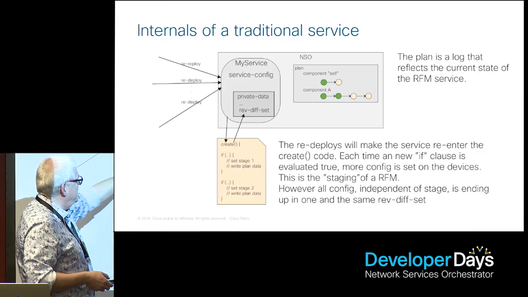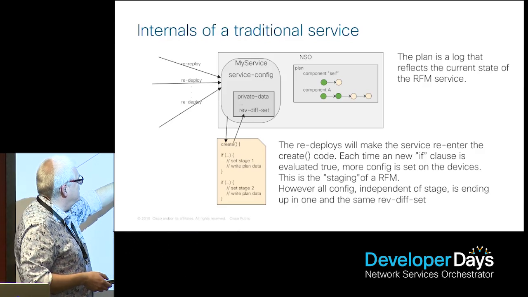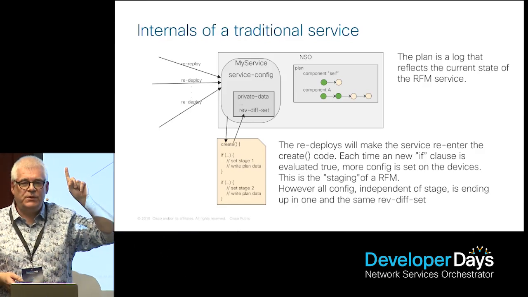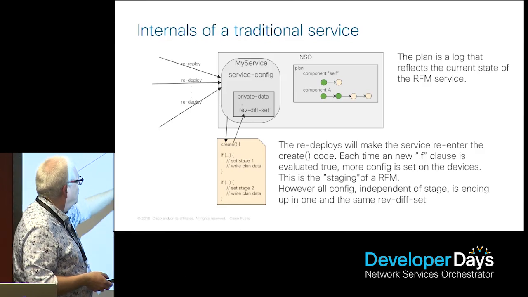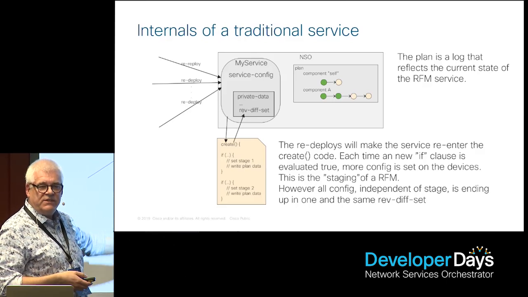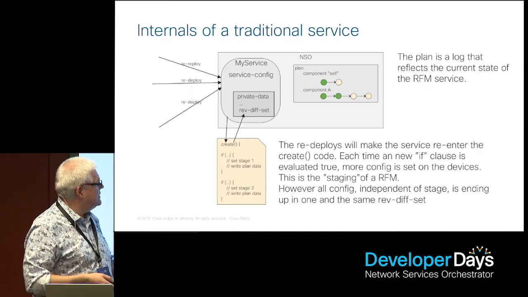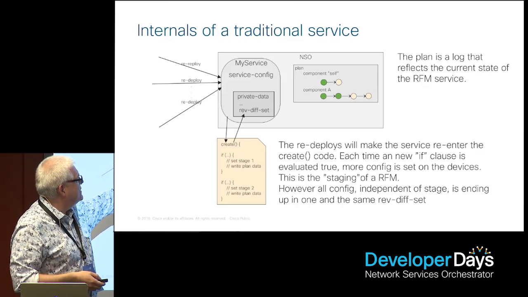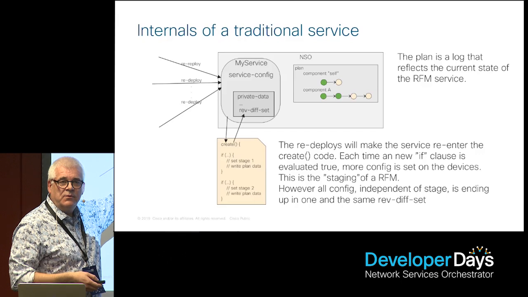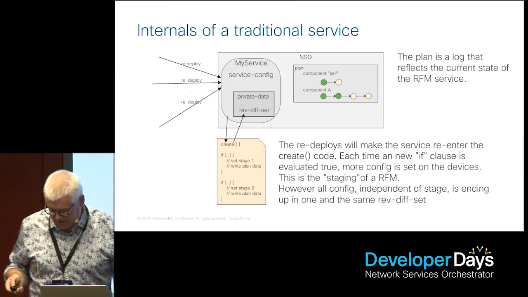We do more and more, but we just get one diff set. So in the end we don't know how many states were there, whether all of them were done, or some were not done yet. And that is the big problem. For instance, when we delete, we apply this one. We can't stage that. We don't know which stages belong to which part of that.